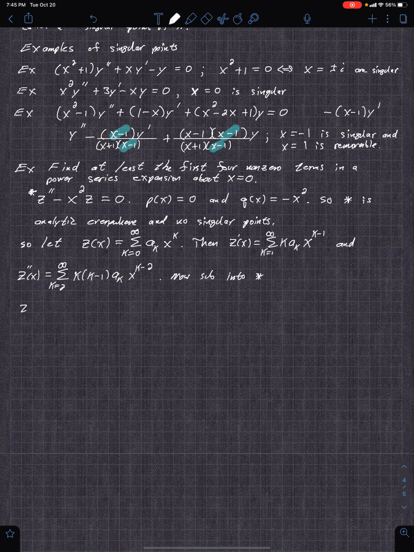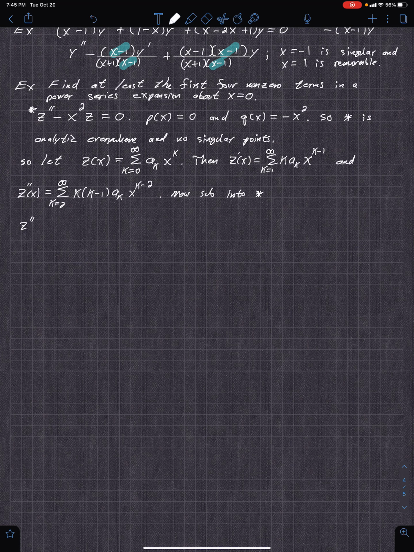Okay, so I have z double prime minus x squared z equal to the sum as k goes from 2 to infinity, k minus 1, a sub k, x to the k minus 2, minus x squared, sum k goes from 0 to infinity, a sub k, x to the k.